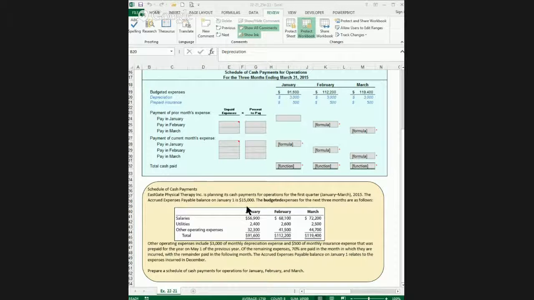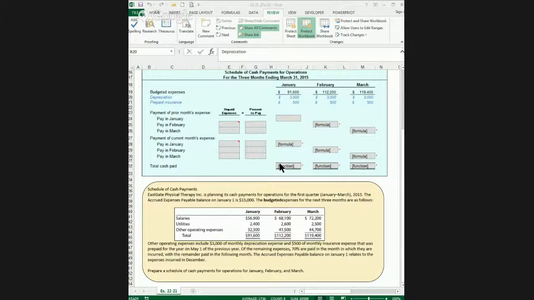And let's just stipulate that the entire amount of that $15,000 would have been for expenses that must be settled in cash. And as the charge states, we were to prepare a schedule of cash payments for January, February, and March.